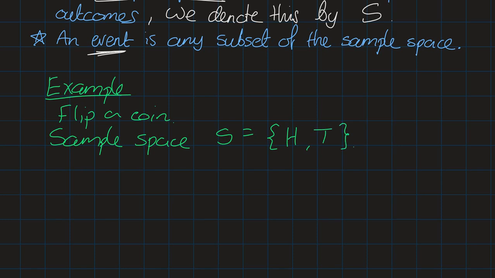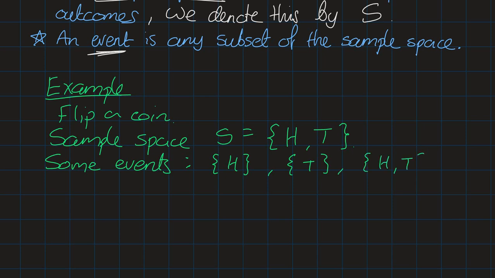I'm just denoting it by H and T. And some possible events are, well, you could have the event of getting a heads, or you could have the event of getting a tails, or you could have the event of getting a heads or a tails. Any subset of the sample space is an event. So this one here corresponds to getting a heads, this one here corresponds to getting a tails, and this one here corresponds to getting a heads or a tails.